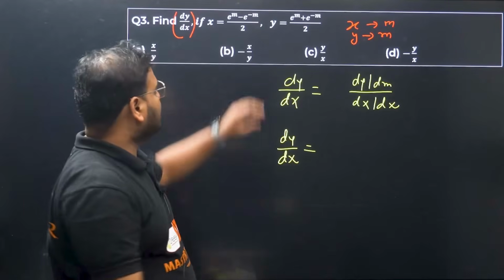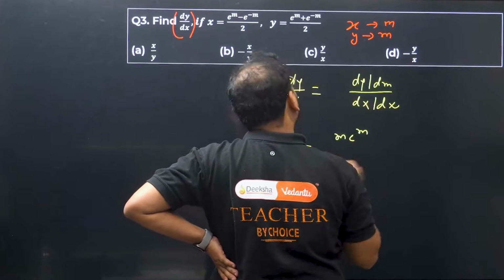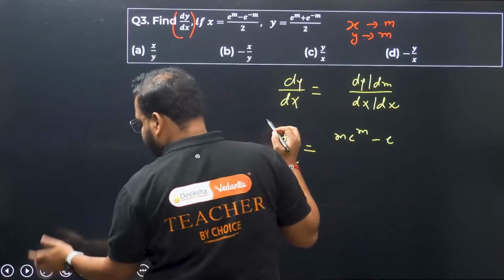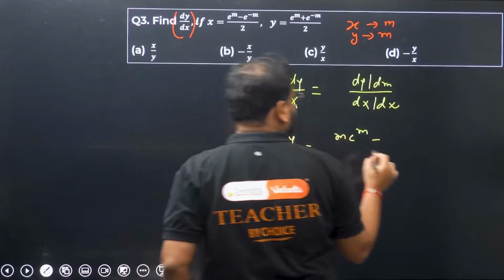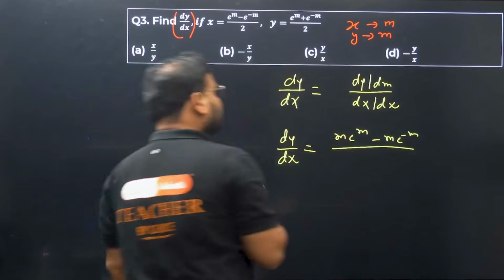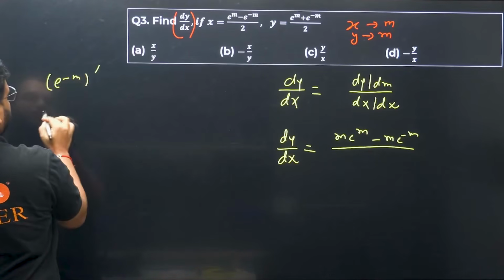Differentiate now. Derivative of this will be m times of e power m, minus, again m times of e power minus m, divided by... If you ask to differentiate this term, what is the answer going to be?